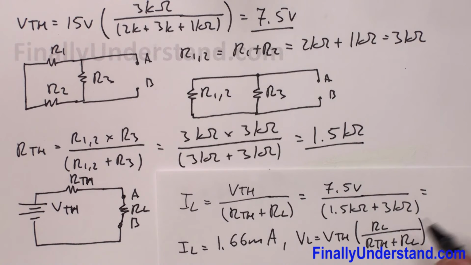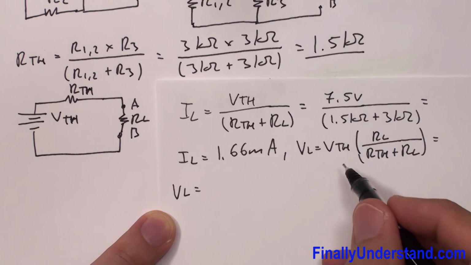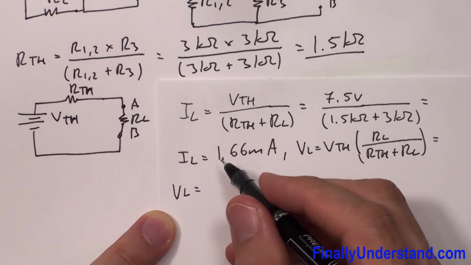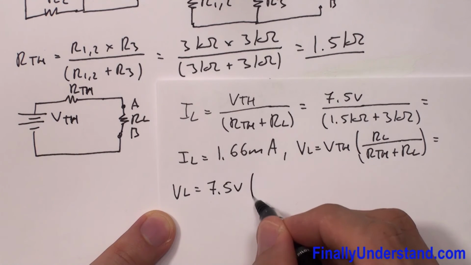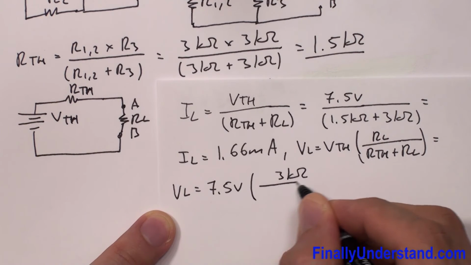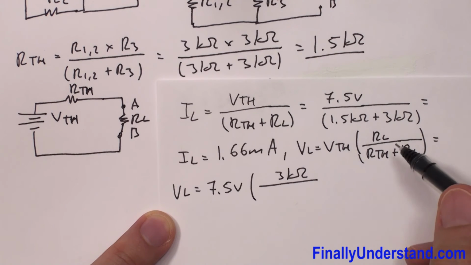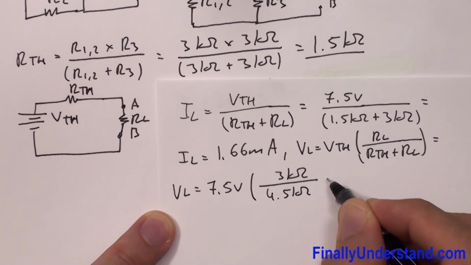So VL is equal to VTH, 7.5 volts, times RL, which is equal to 3 kilo ohms, over RTH plus RL, which is equal to 4.5 kilo ohms.